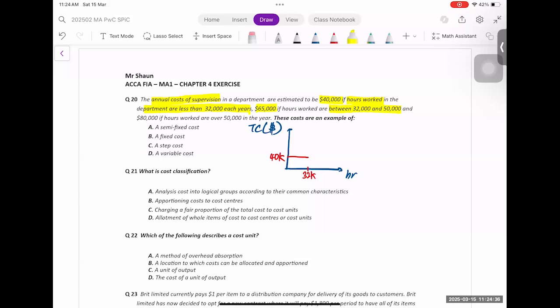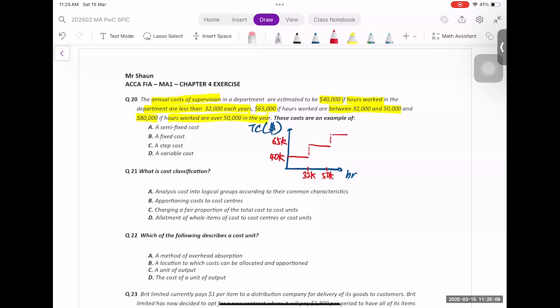Because like what we discussed earlier, the more stuff you have, the more responsibility you have. So this company is giving him a raise of 25,000 for 32,000 until 50,000. And if the hours is more than 50,000, it will increase to 80,000.